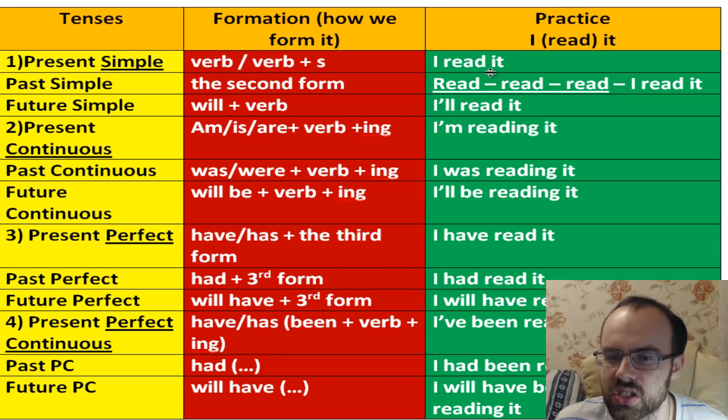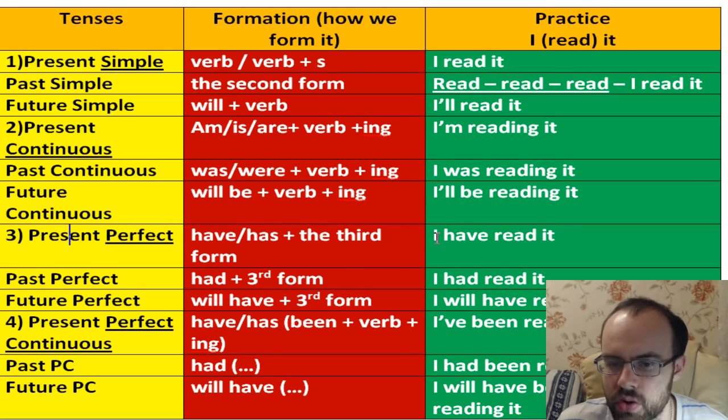So you need to use more difficult sentences, and you need to add different time markers. For example, you know that we often use present continuous with now, at the moment, and you can say, for example, I'm reading it at the moment. Or let's look at present perfect.